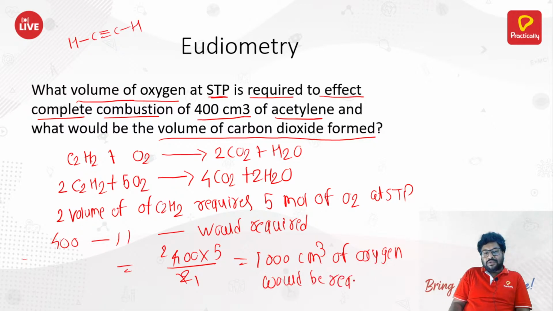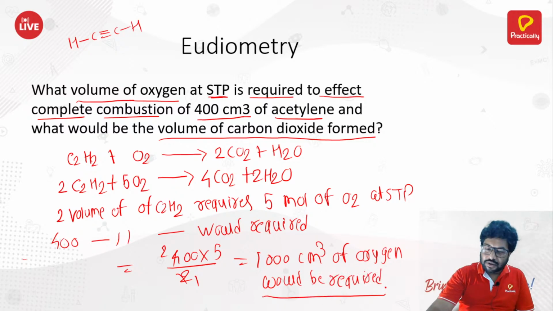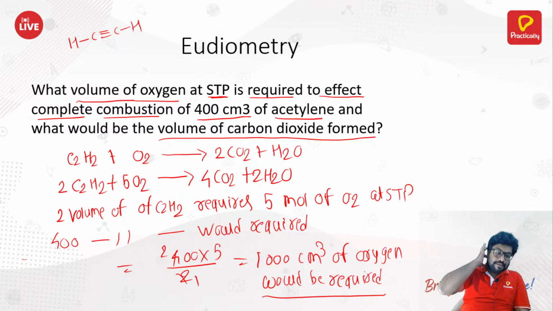Or let me tell you, instead of going every time by this cross multiplication, sometimes in the exam you might need to solve the questions directly, or what I call solving the numericals in air. That means imagining: if 2 moles of acetylene require 5 moles of oxygen, what is the ratio?